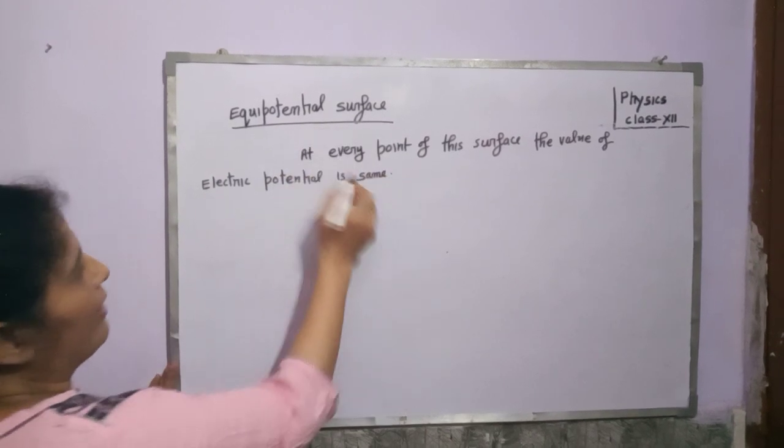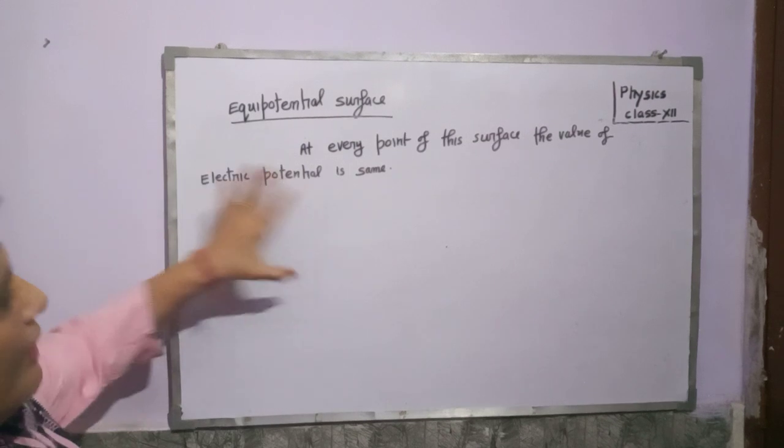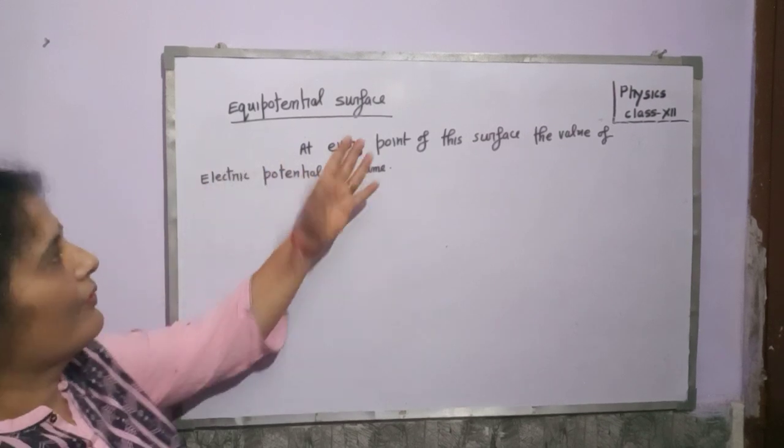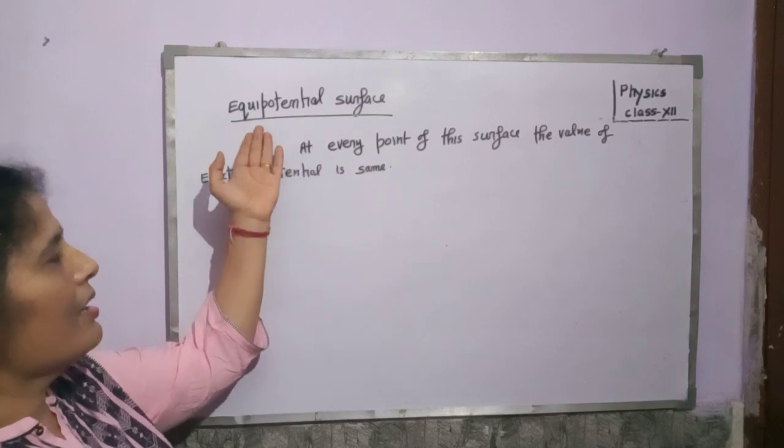From this name you can write it directly. Equipotential on the surface. That means at every point on the surface the value of the potential is the same throughout the surface.